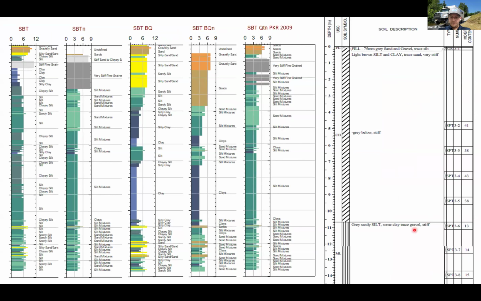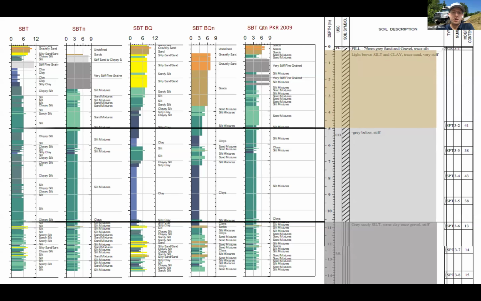If we compare these SBT charts versus a normal bore log, you can see that if you take samples at discrete intervals, you may overgeneralize a large chunk of your subsurface when there may be smaller lenses and changes of material present that is picked up by the CPT that's not necessarily picked up by sampling every 2 meters or 5 meters.